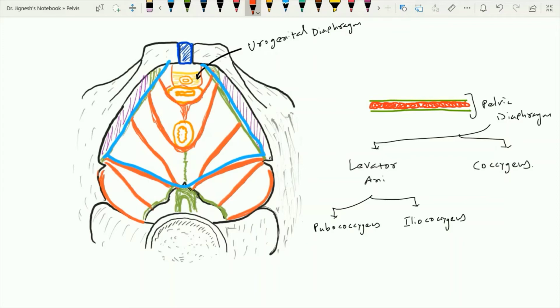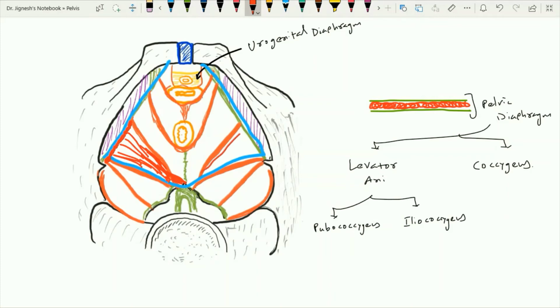This iliococcygeus muscle arises from the posterior part of the tendinous arch of the obturator fascia as well as from the ischial spine. And the fibers pass downward, medially and backward and reach the sides of the lower two pieces of the coccyx as well as the anococcygeal raphe.